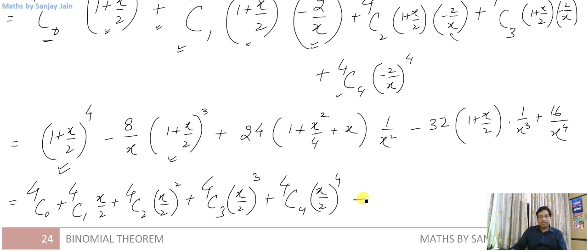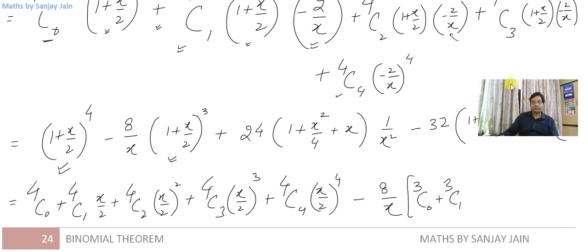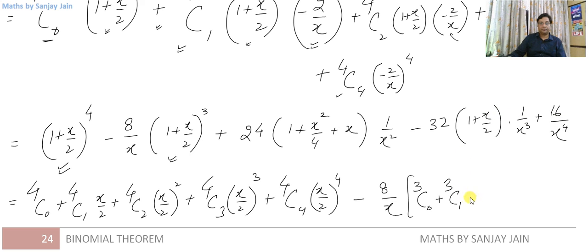Okay, minus 8 by x, and then you have to expand this one now. 3c0 plus 3c1 x by 2, 3c2 (x by 2) squared, 3c3 (x by 2) cubed.